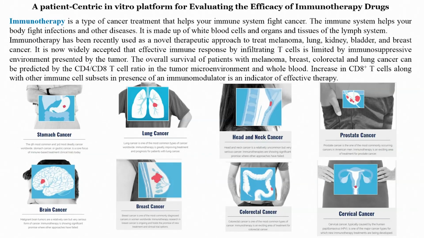When you talk about prostate cancer, it is one of the most commonly occurring cancers, particularly for white people. Immunotherapy is an exciting area of treatment for prostate cancer. Brain cancer, or you can say malignant brain tumors, are a rare but very serious form of cancer. Again, immunotherapy is showing promising results.